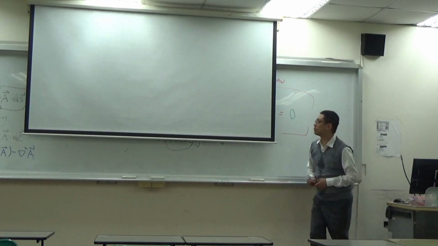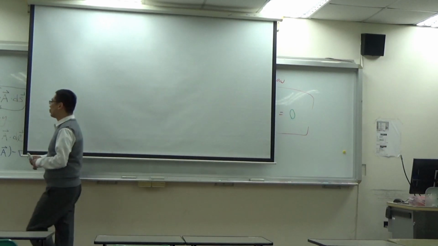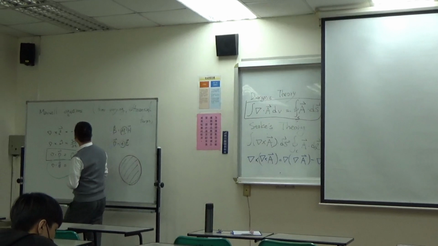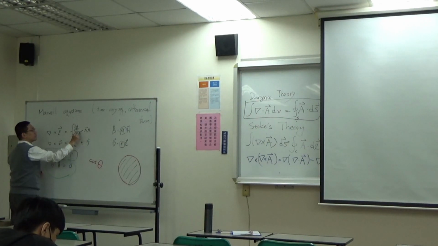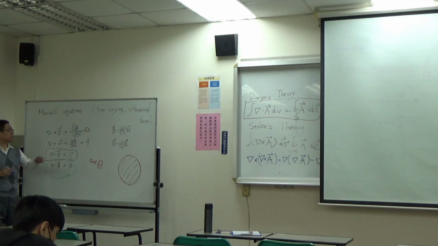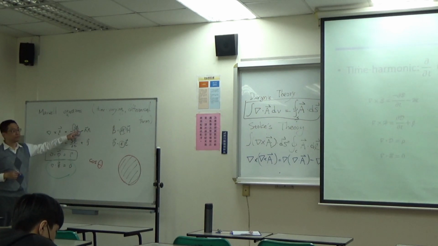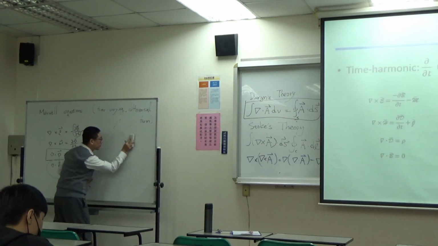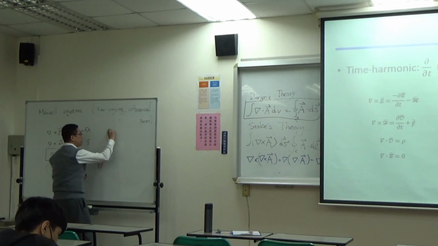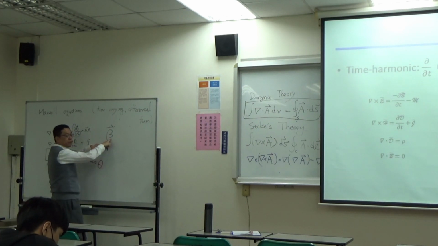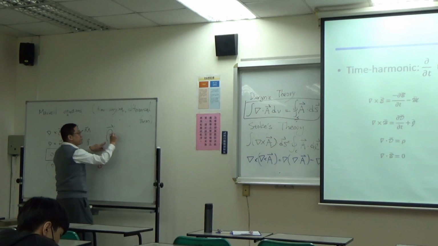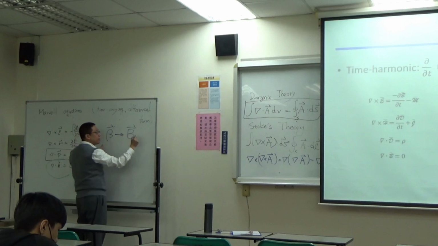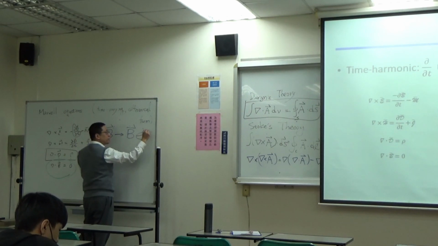One more thing. Can anyone raise your hand to tell me how you deal with this part? If you have your B, let me just write down. B, your magnetic flux density, becomes capital B multiplied by exponential j omega t.